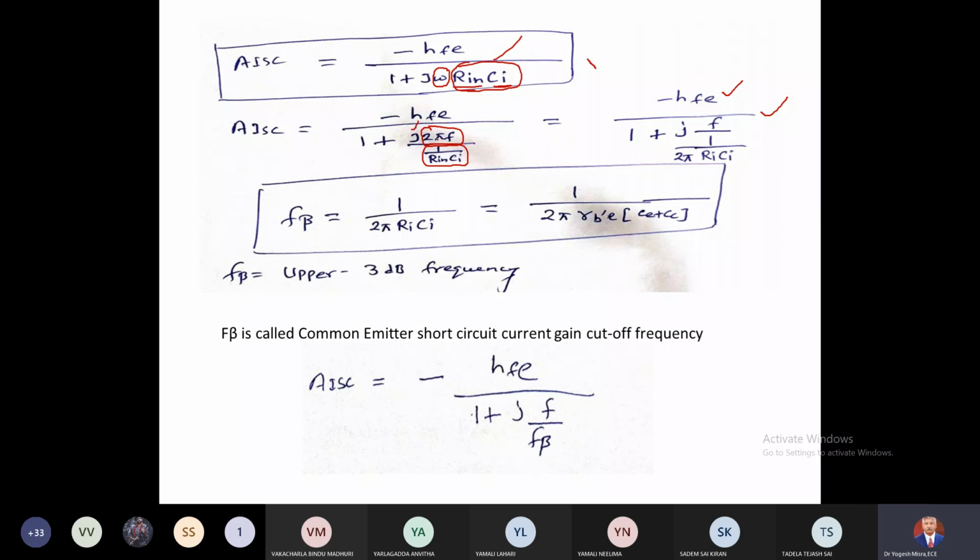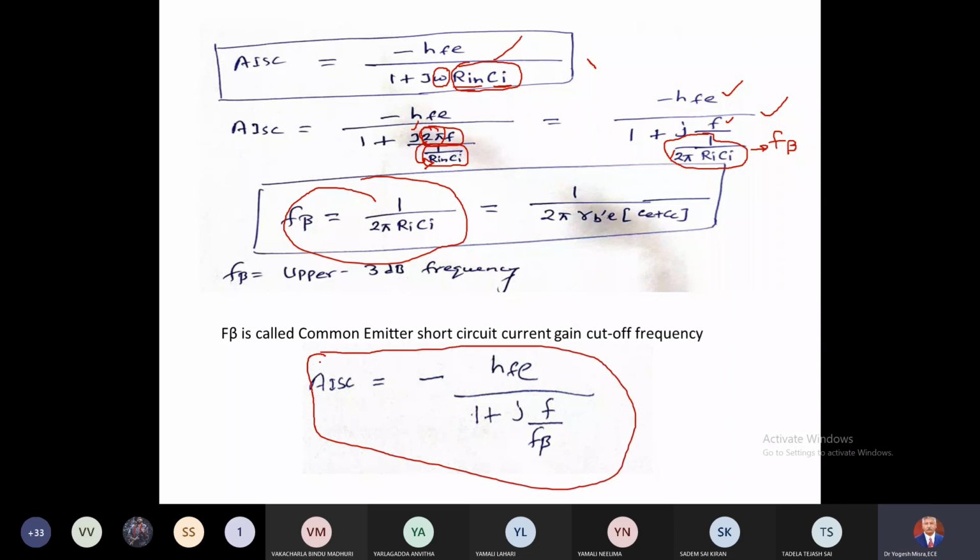Further I will bring 2 pi into the denominator, so 2 pi is here, only the f part is there, right? And this term is represented by f beta, right? So f beta is this. So the final expression for short circuit current gain, you can remember this also, minus hfe divided by 1 plus j f divided by f beta, right?